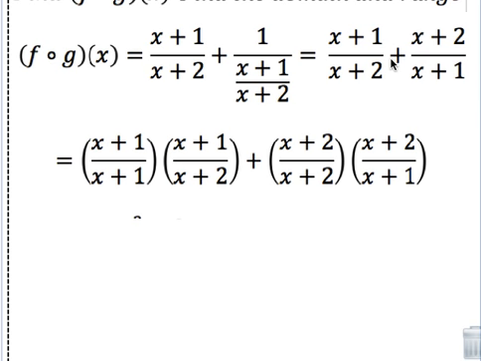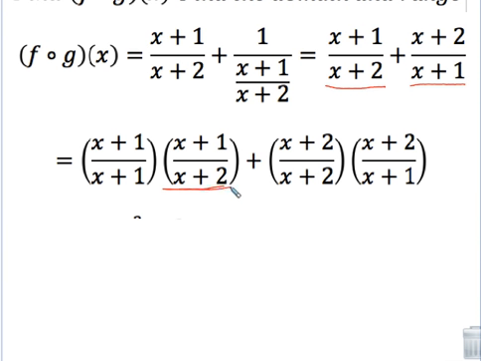When you get a common denominator, I want to have x plus 2 and x plus 1 as the denominator. So my first fraction here is going to get multiplied by x plus 1 over x plus 1.